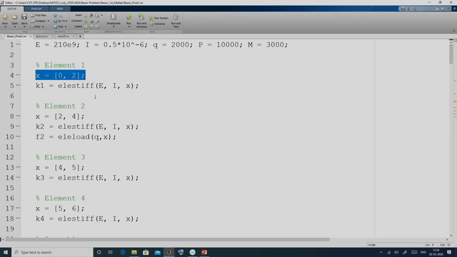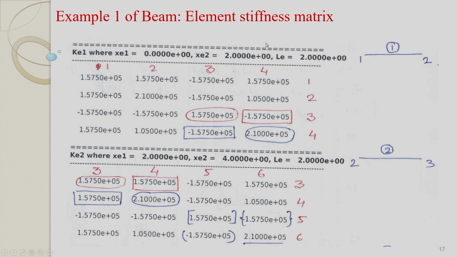So, only this is changing from element to element and we calculate element stiffness matrix K1 for element 1, K2 for element 2, K3 and K4 for element 3 and 4. If you do the calculation, this will be your K1.